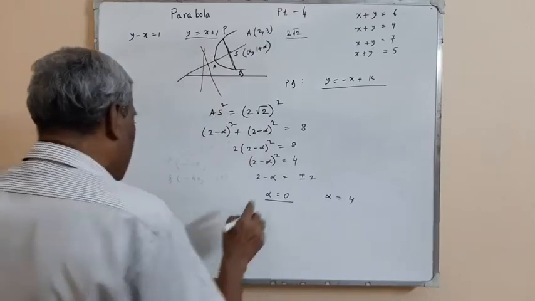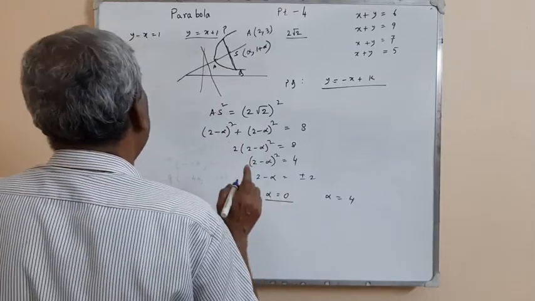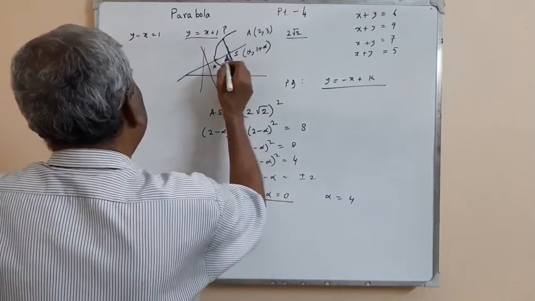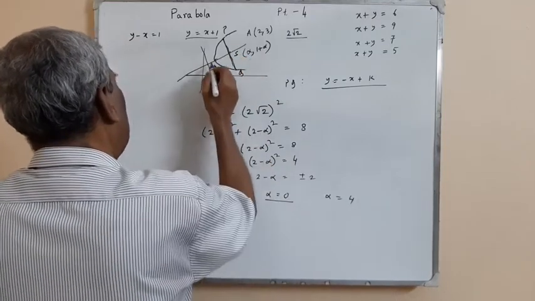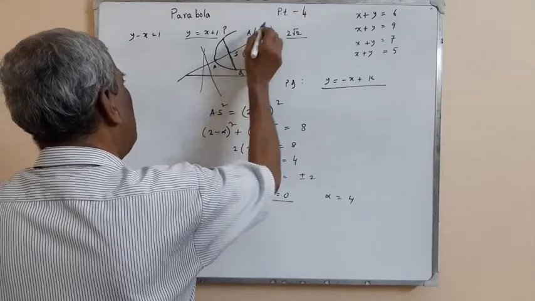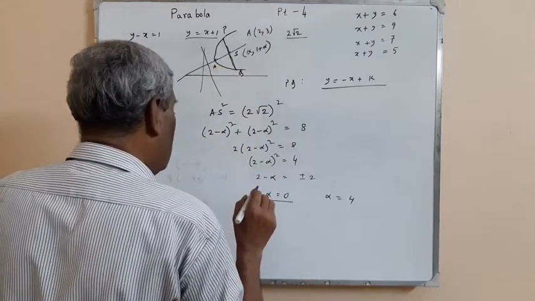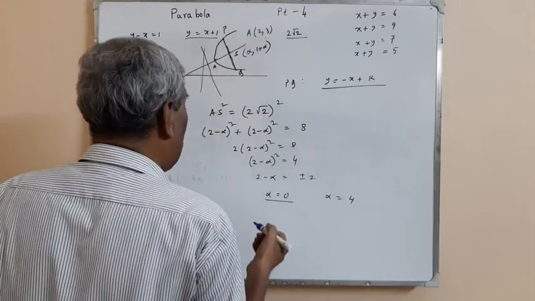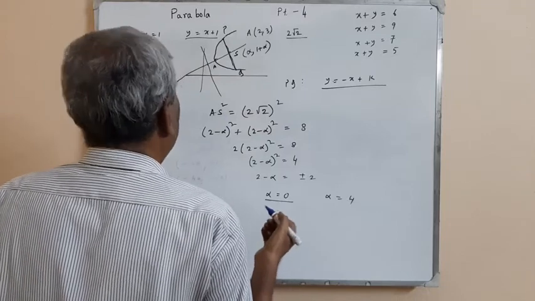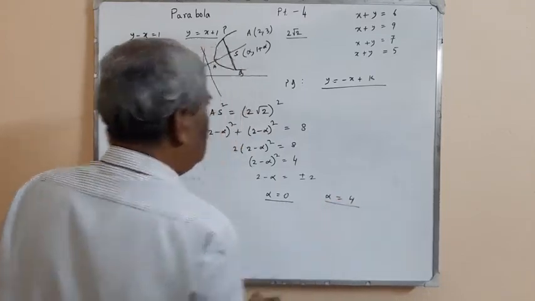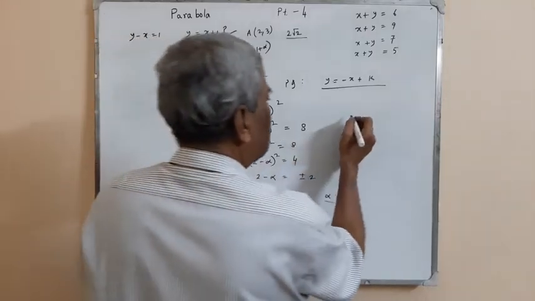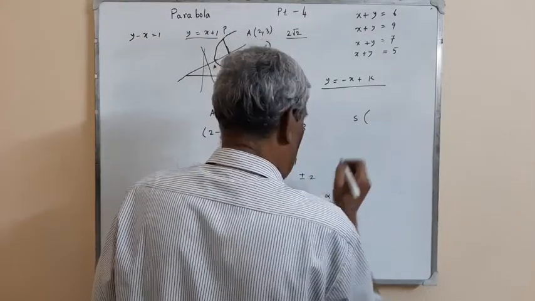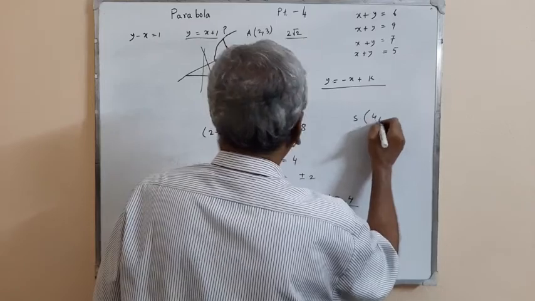Now you see, alpha is equal to 0 is not possible, because it is given that S is above the vertex. The coordinate of A is 2, 3, so the focus coordinate cannot be 0, 1. So alpha is equal to 4. So focus is 4, 5.